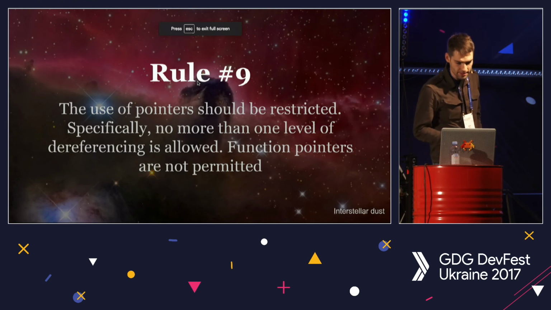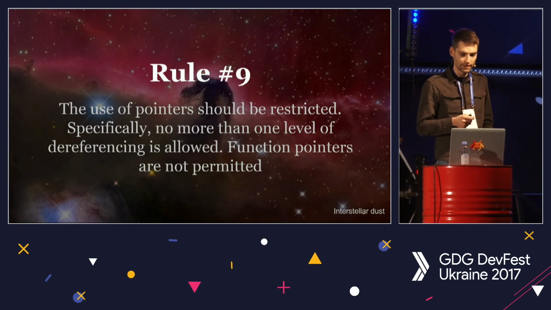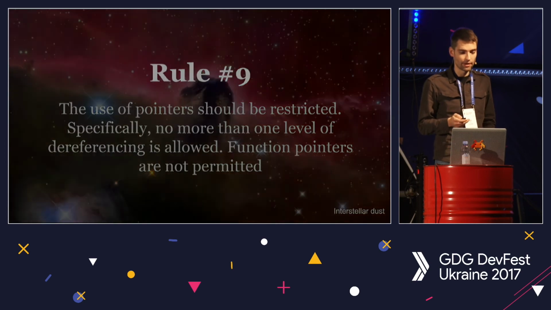Rule number 9: the use of pointers should be restricted. Specifically, no more than one level of dereferencing is allowed. Function pointers are not permitted. Basically, we can't live without references, but still there are cases in JavaScript where we can apply these rules.